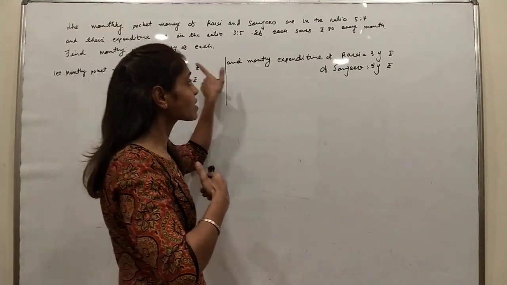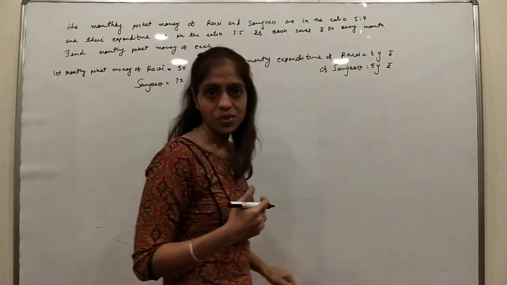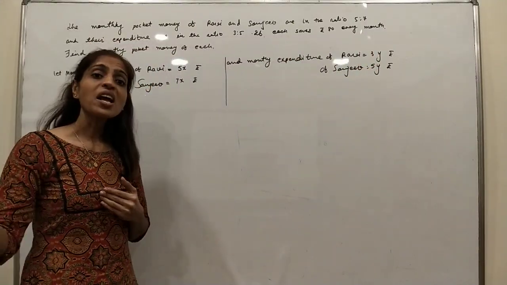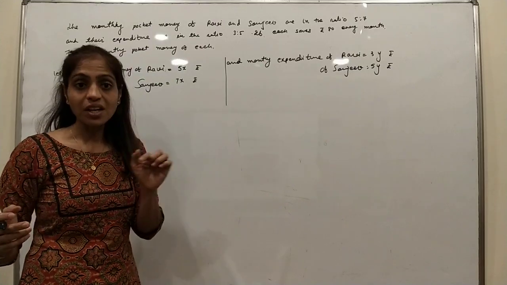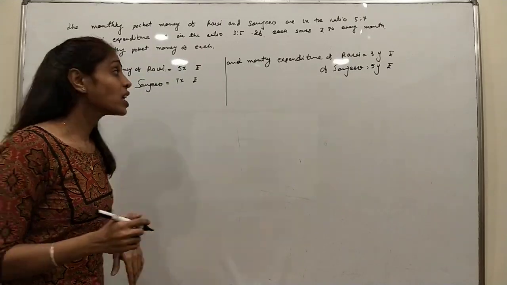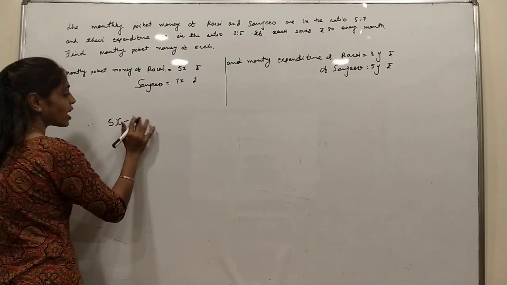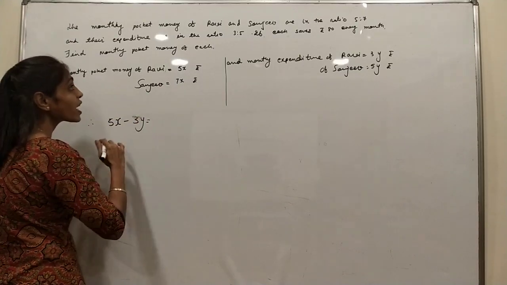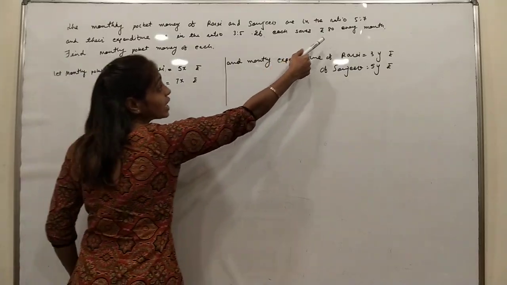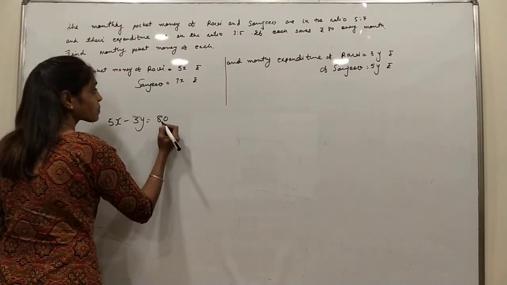Now monthly pocket money of Ravi is 5x. Out of 5x, Ravi spent 3y rupees. Now pocket money minus spending, and the remaining is saving. So 5x minus 3y, and both save rupees 80.